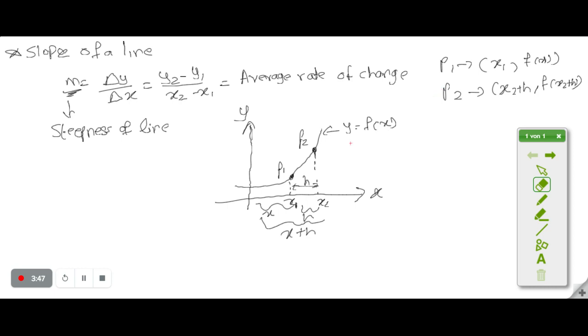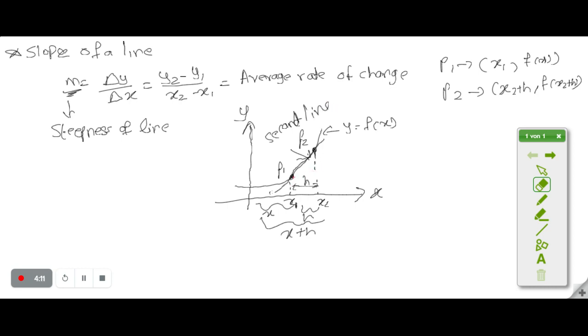So you have 2 points, and if you want to calculate the slope, you can draw a line that joins these 2 points. This line is nothing but a secant line.